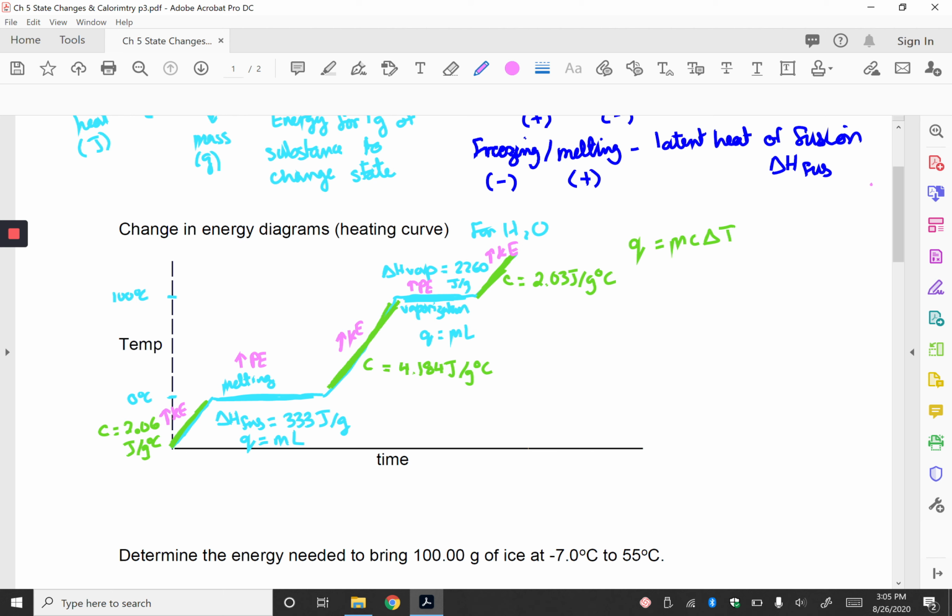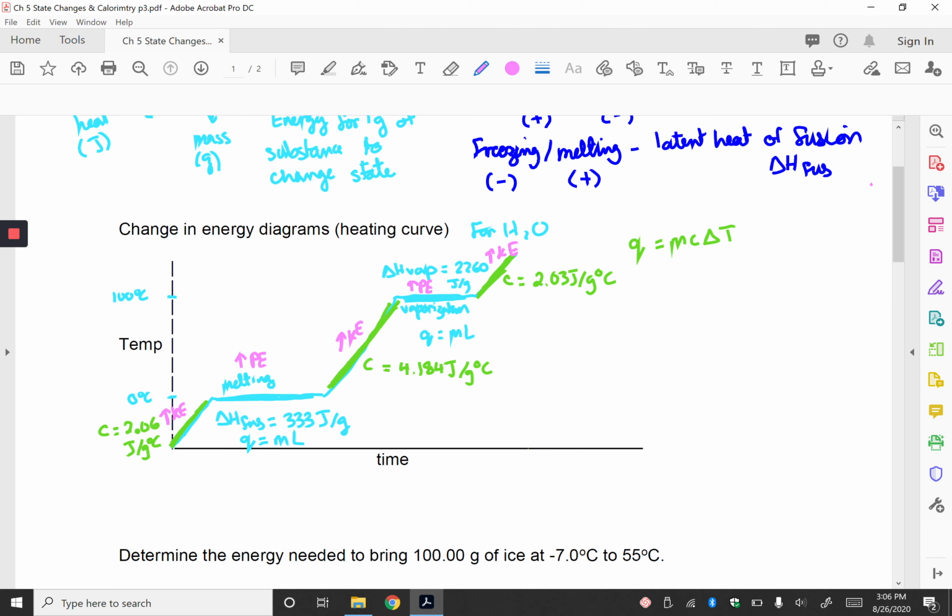If they give you a different substance, let's say mercury, acetone, hexane, any other liquid, and they give you problems to solve for it, they will give you these values, just like they would with water, but they'll also have to give you the freezing point and the boiling point of that substance, because you'll need those to tell from where to where you do your different steps. But if you recall from last year, these are 5 different steps, right?